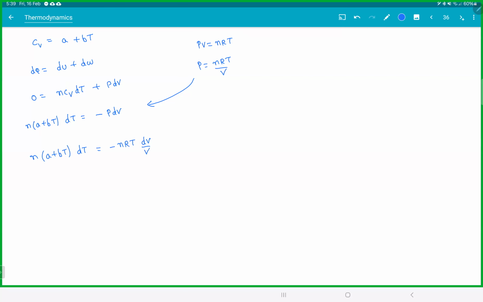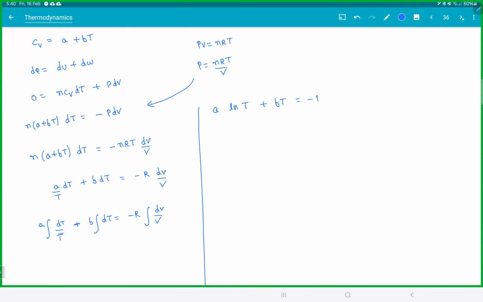And then n cancels. T comes this side. A by T dT plus B dT is equal to minus R dV by V. Integrate on both sides. That would be A ln T plus BT equals minus R ln V plus some constant.